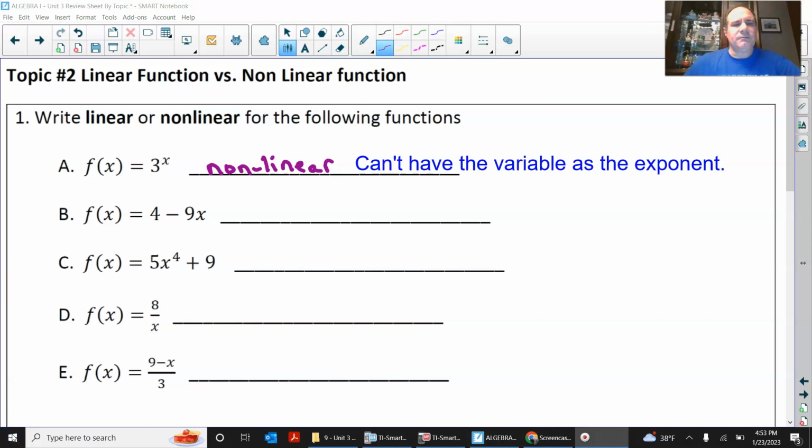For the next one, we have B, that is linear. And it is linear because it is y equals mx plus b format. It has a slope that is constant.